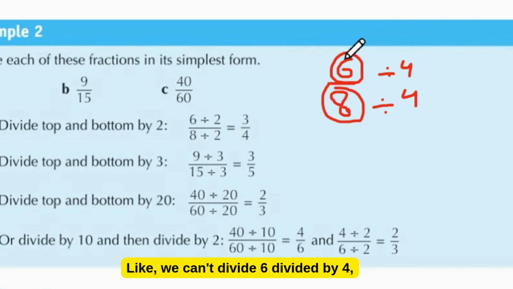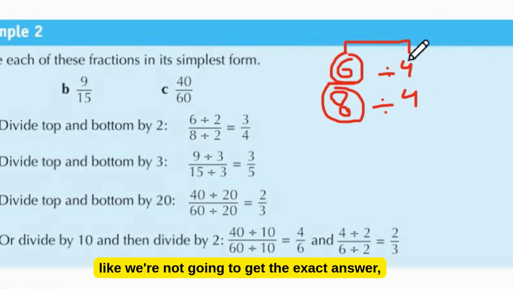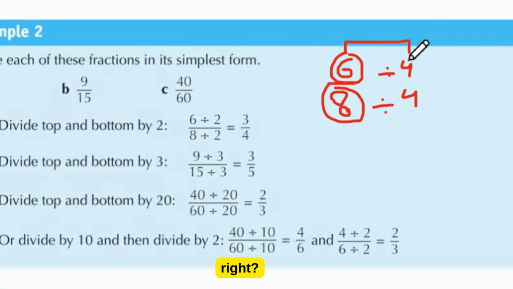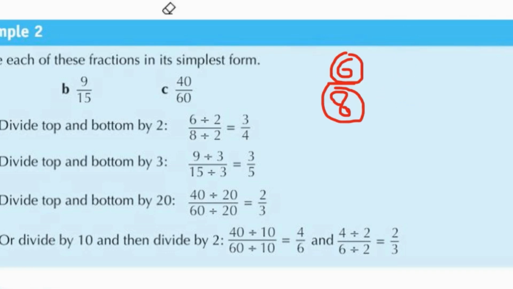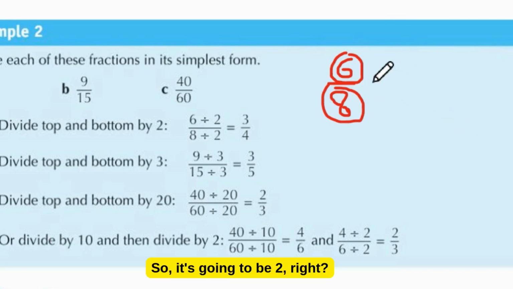We can't divide 6 by 4, we're not gonna get the exact answer, right? There will be remainders. So we have to choose the number by which we are not getting any remainder. So it's gonna be 2, right?